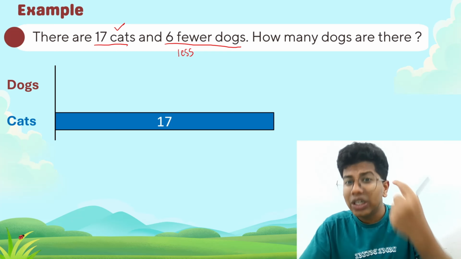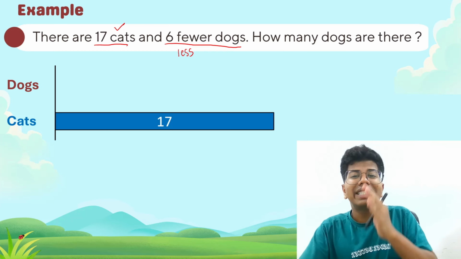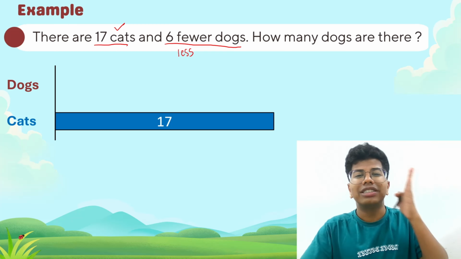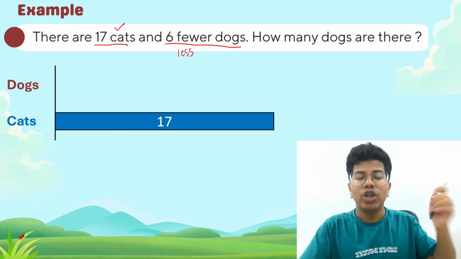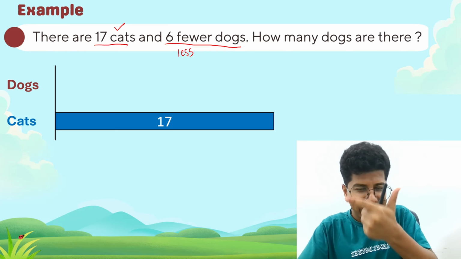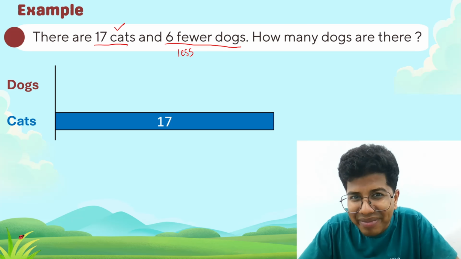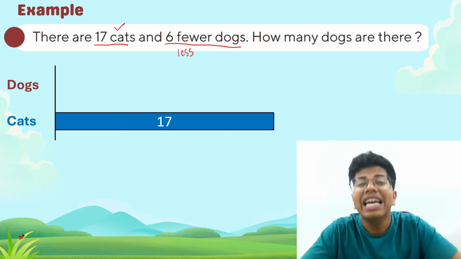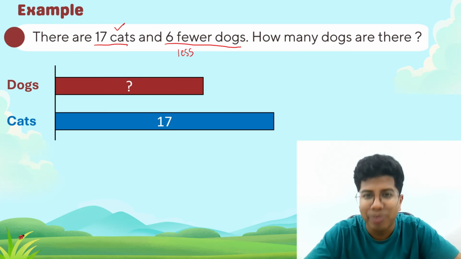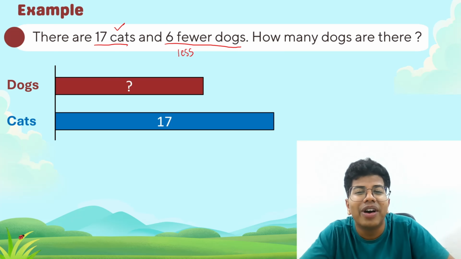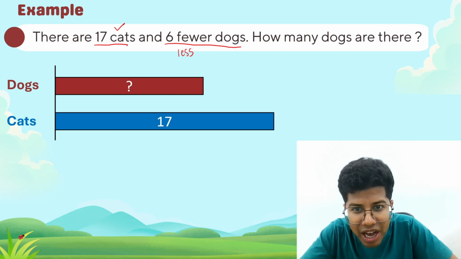Now, regarding the dogs, the question says it's 6 fewer dogs. This means 6 less dogs. So the model that I need to draw should be bigger, smaller, or the same? Oh, perfect. It should be smaller. So I will draw smaller. Now the six fewer part is where? We can observe here that it is the same part.